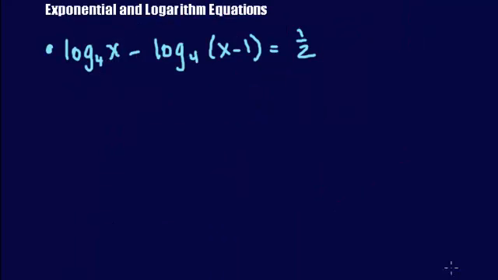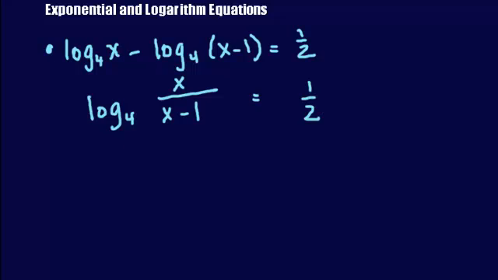Alright, another logarithmic equation. I'm going to combine this left-hand side using my log properties. I've got subtraction, so that means we've got division here, and it's going to equal 1/2. I'm going to pull the same trick that I did last time and exponentiate both sides. This time I'm going to use a 4 as my base, because if I use a 4 as my base, that's going to make the left-hand side just equal x over x minus 1, which is pretty groovy.